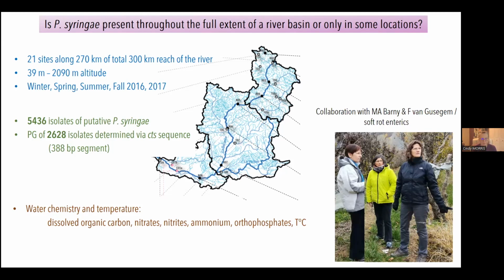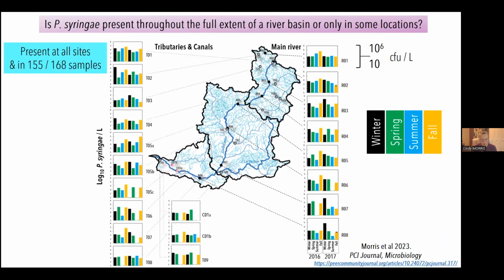It was wonderful. So for Pseudomonas syringae, here's the basin, and these little bar graphs are for every site, the 8 different samples, 2 in winter, 2 in spring, 2 in summer, and 2 in fall. The y-axis goes from 10 to 10 to the 6th CFU per liter.